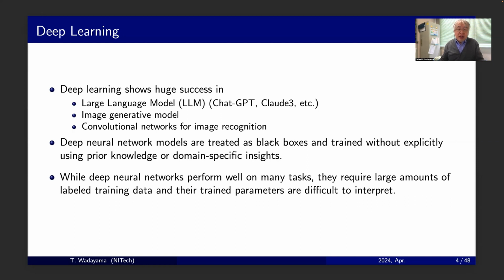Deep neural networks are often treated as a black box trained using large datasets without explicitly incorporating prior knowledge or domain-specific insights. While deep neural networks perform very, very well on many tasks, they require a large amount of labeled training data, and their trained parameters are difficult to interpret. So this is called the interpretability problem.